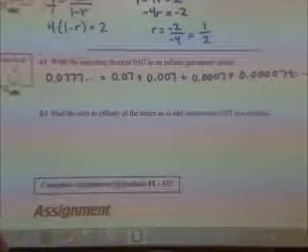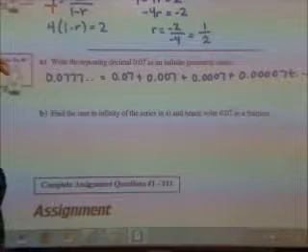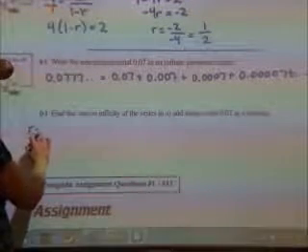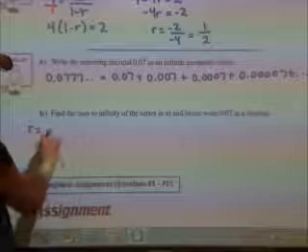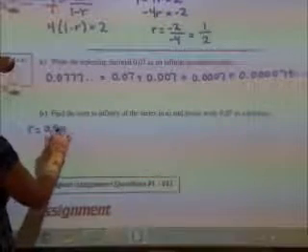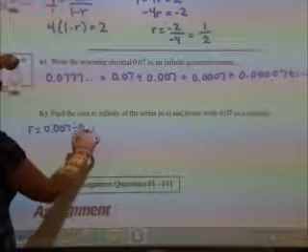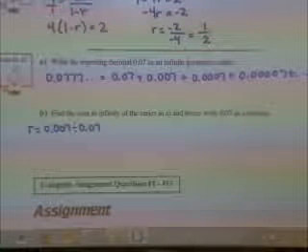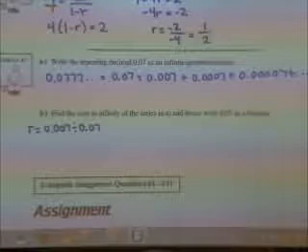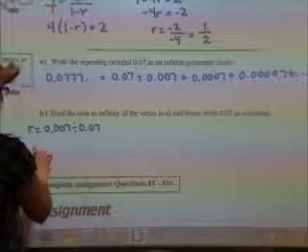What's the common ratio? I find the common ratio by taking one term and dividing it by the preceding term. So if I go 0.007 divided by 0.07, what do I get?